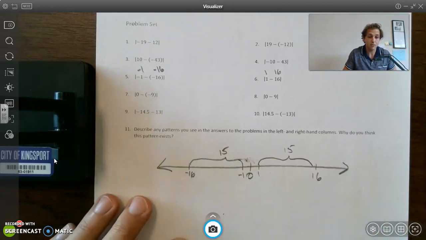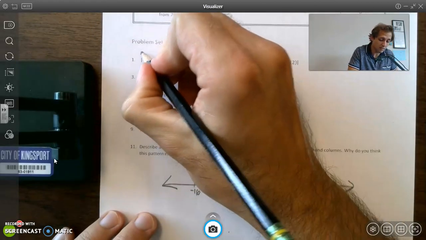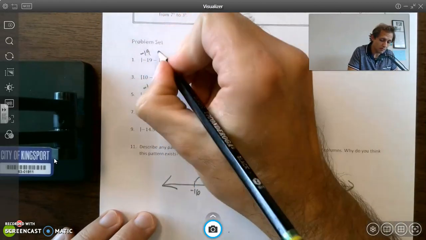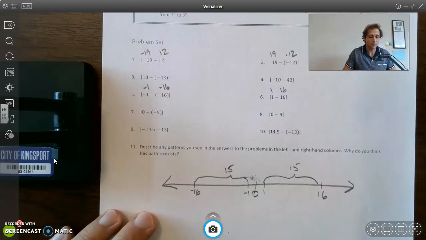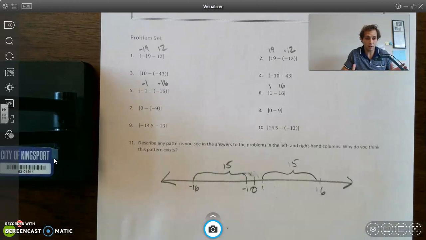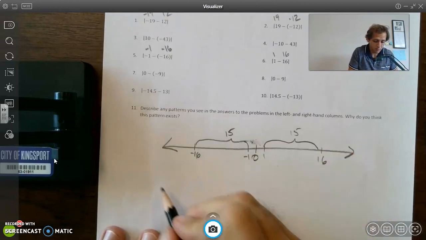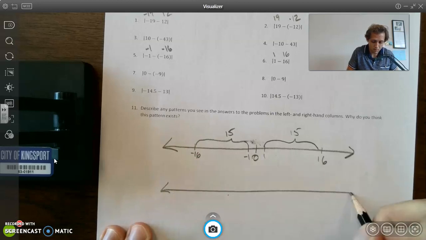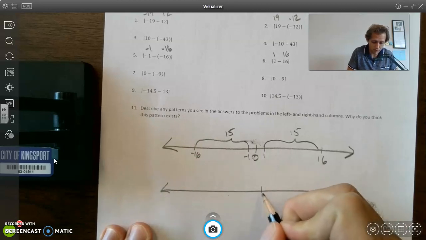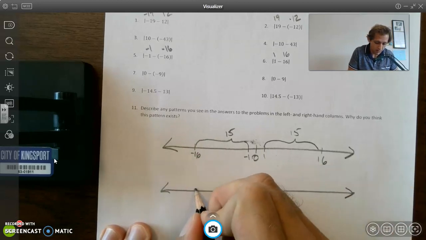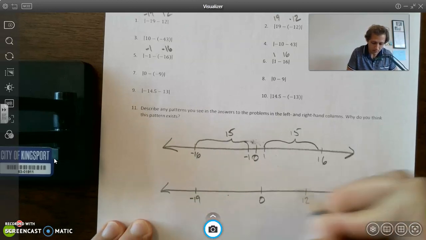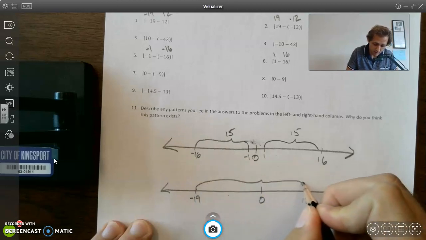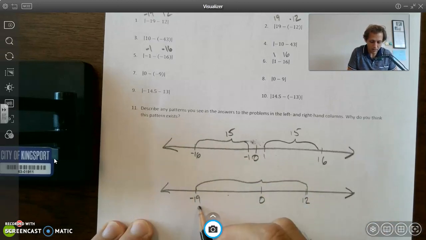What if the signs were different? How about that first one? Negative 19 and positive 12. But over here we have positive 19 and negative 12. Well, because we are taking the opposite of both of the numbers, let's look at what that would look like. If this is 0, and we're looking at negative 19, and we're going to go to positive 12, that means we have to go 19 to get to 0, and then an additional 12.